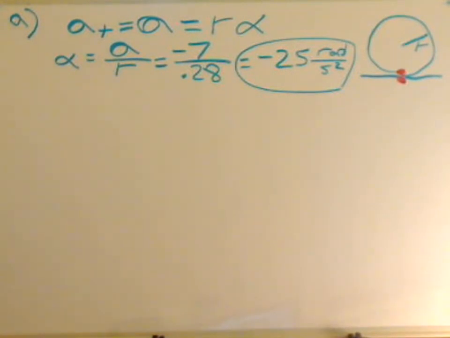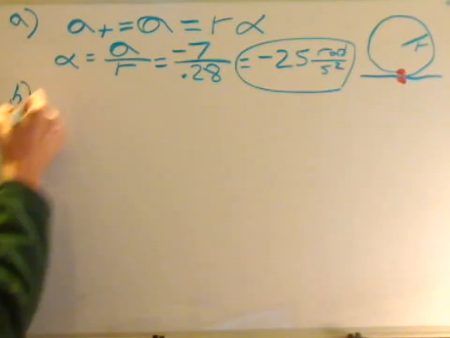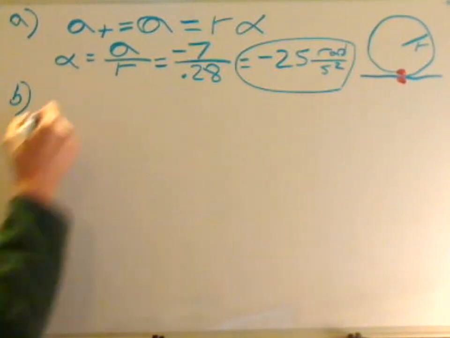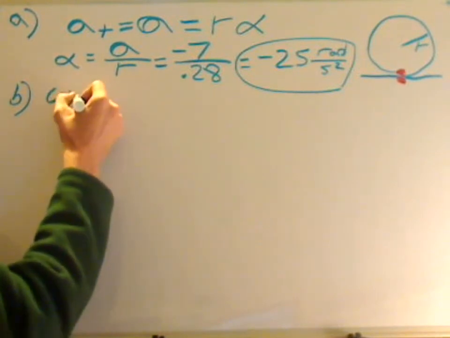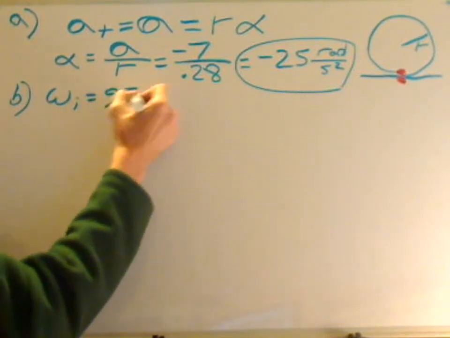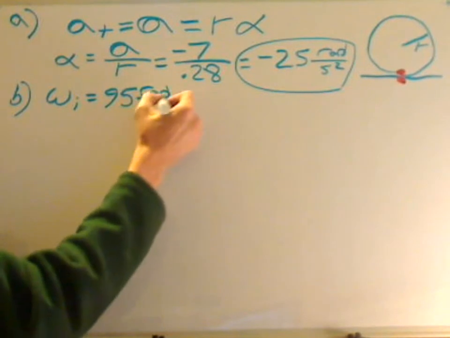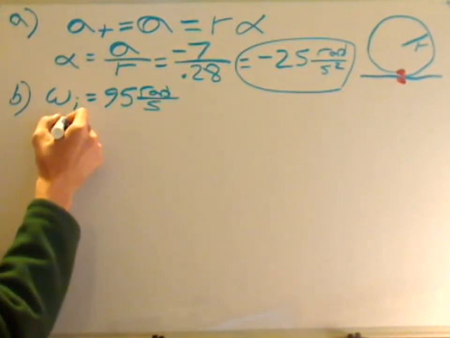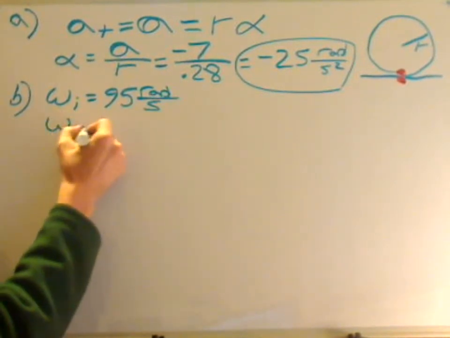Now part B asks, how long does it take for the car to come to a stop? And so in part B, what we know here is that the initial angular velocity is 95 radians per second. We know what the final angular velocity is.